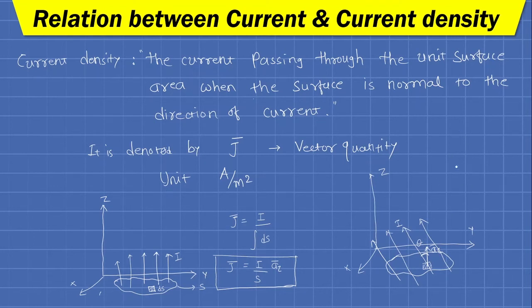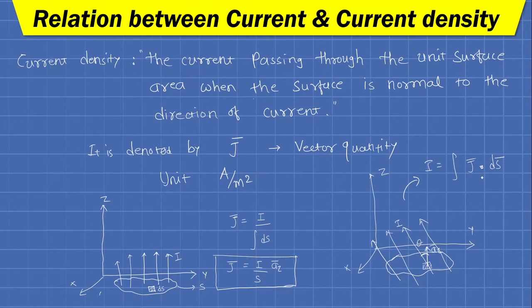So we can write I equals integration of J bar dot ds bar. Here the dot product is necessary because we need to take the normal component of the surface in the direction of current. So if we want to have the normal component in any direction, then we must take a dot product.